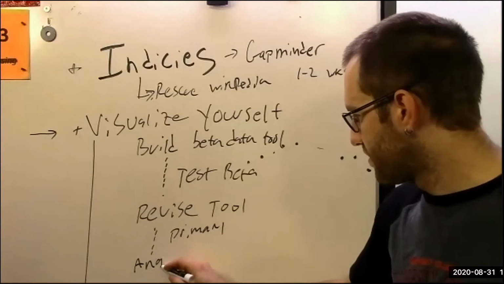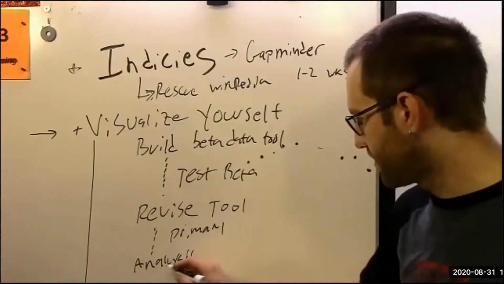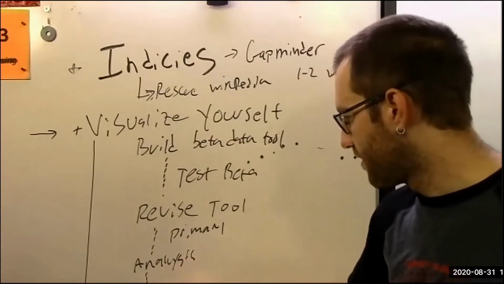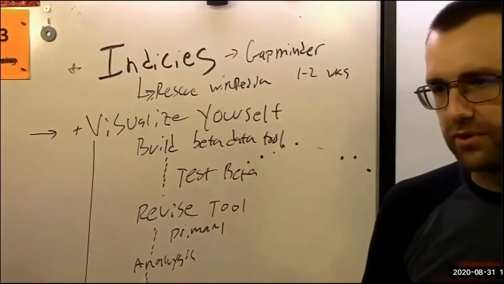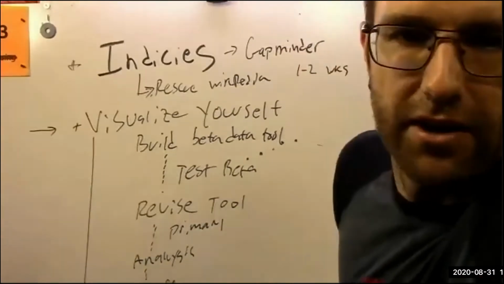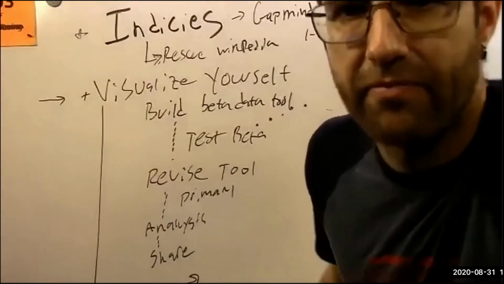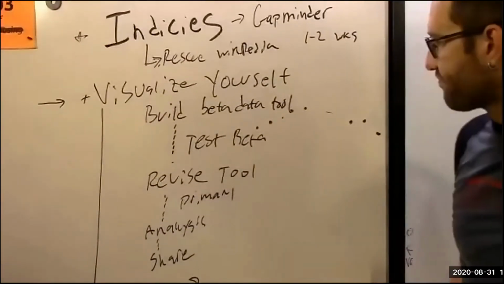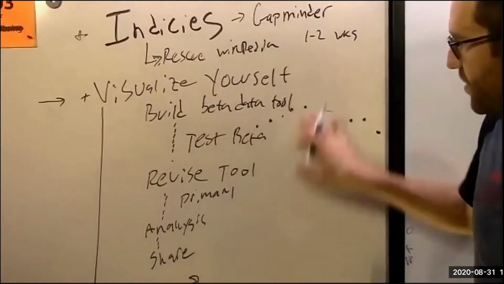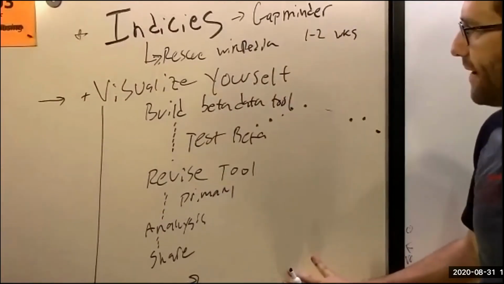Then we want some time to draw some analysis, and for a final project, we'll share out our insights from your own life and data gathering. This will form the backbone of our time together.